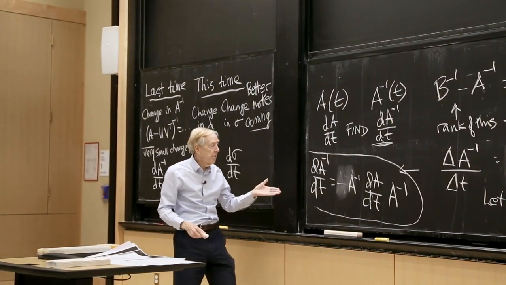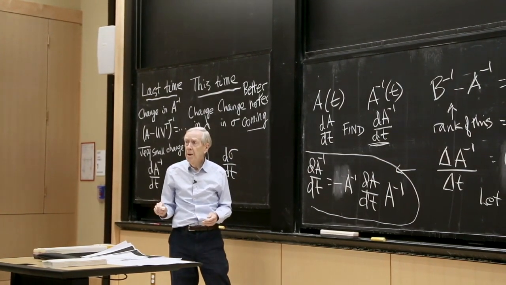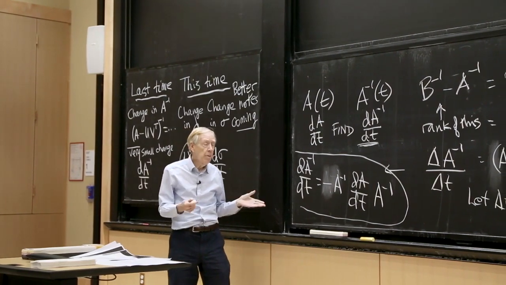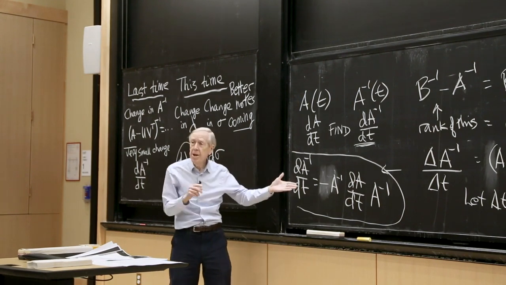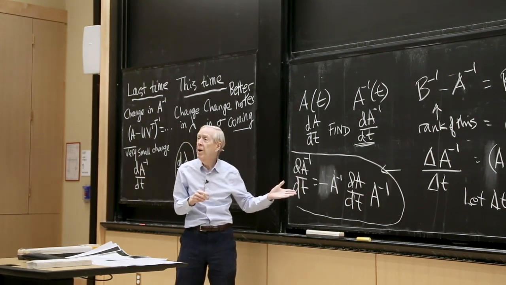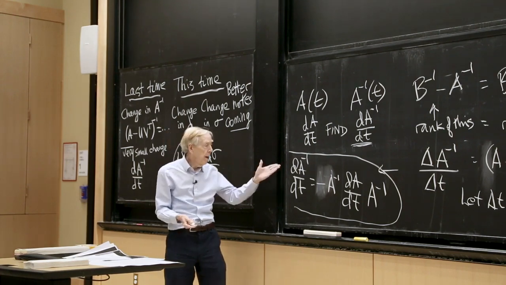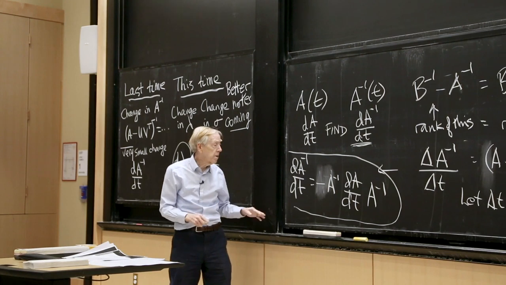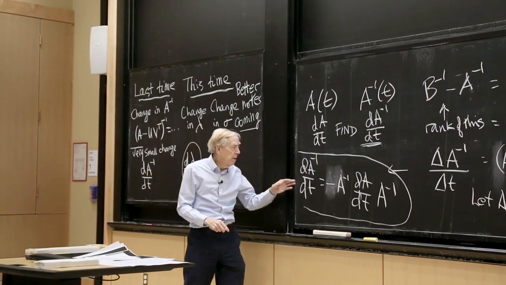You recognize that if A was a 1-by-1 matrix, we could call it X instead of A. If A is a 1-by-1 matrix X, then I'm seeing the formula for the derivative of 1 over X, right? A inverse, just in the 1-by-1 case, is just 1 over X. So the derivative of 1 over, or maybe T, I should be saying.